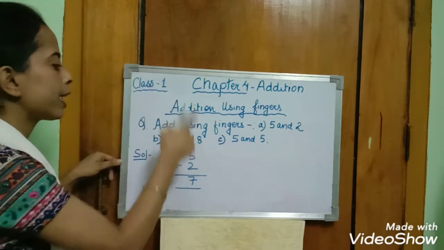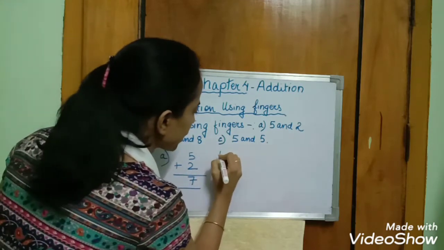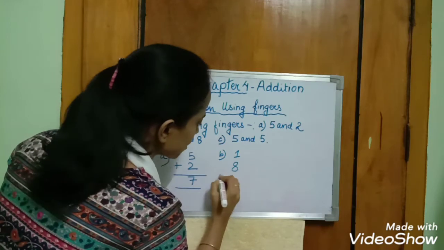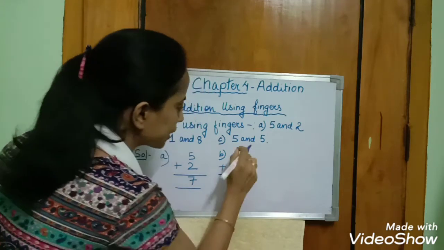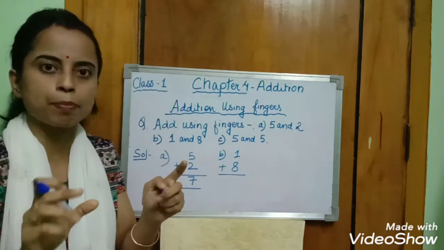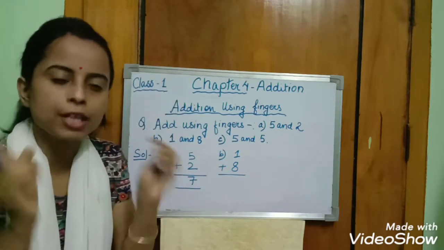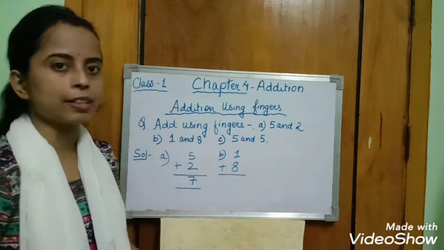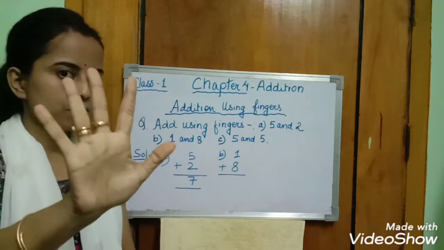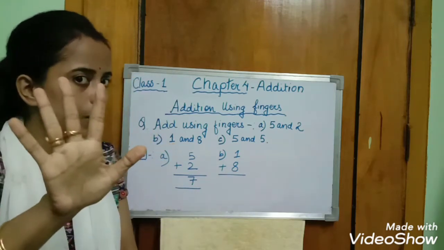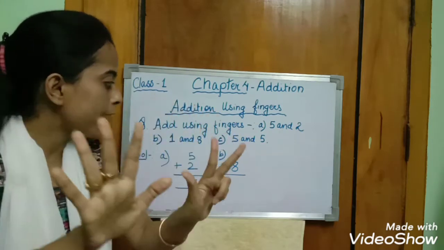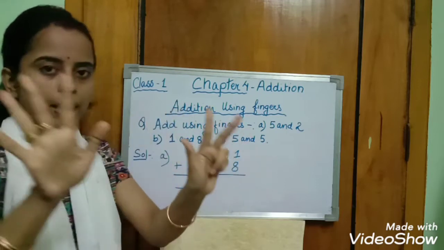Next, number B. Add 1 and 8 to get the sum, by using fingers. 1 and 8. So 5 fingers, 1 hand, 6, 7, 8. 8 plus 1.